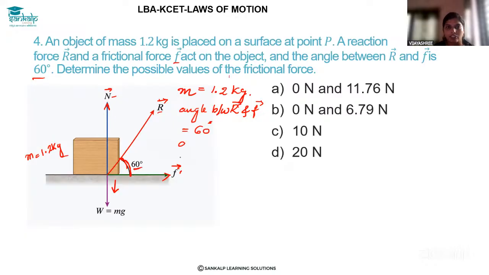Acceleration due to gravity g is equal to, we already know this constant, 9.8 meter per second square.